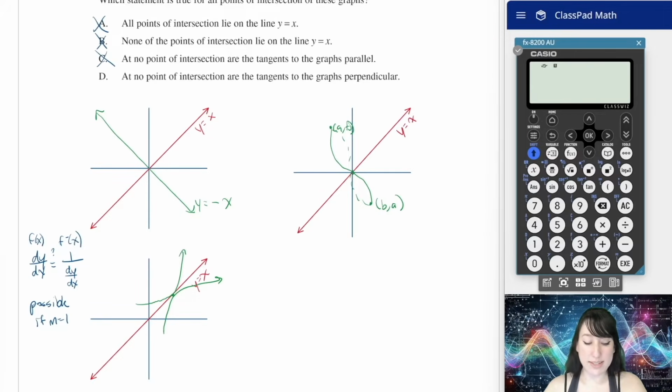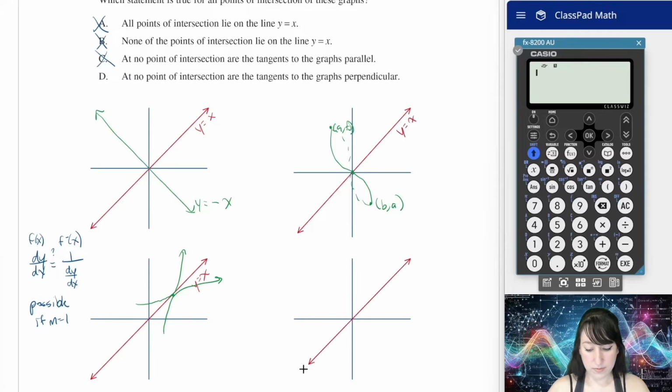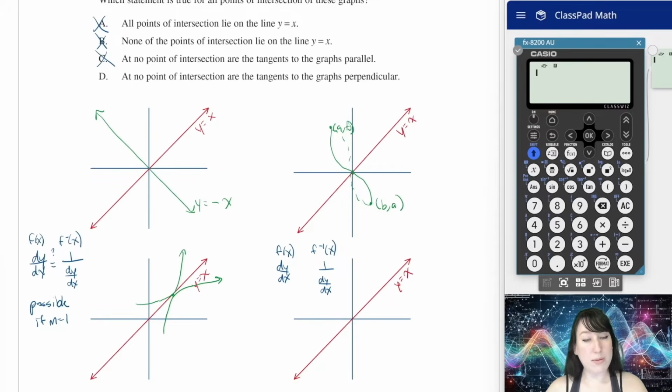Let's check option D. At no point of intersection are the tangents of the graphs perpendicular. Why would this be true? So let's think again about the gradient of the function and its inverse. For the tangents to be perpendicular, the gradient of one has to equal the negative of the reciprocal of the other.